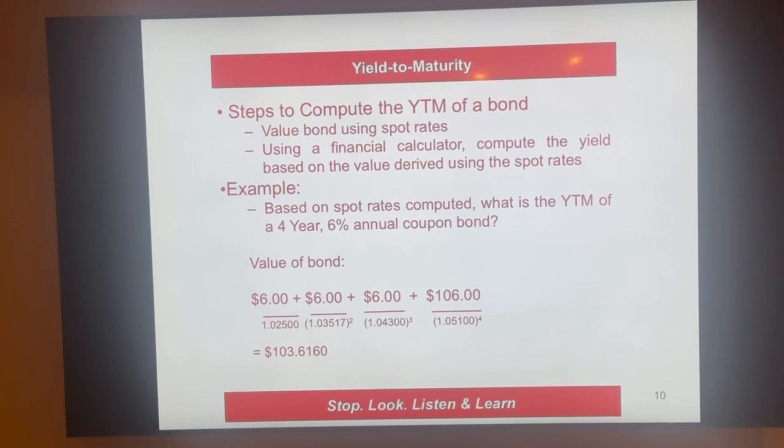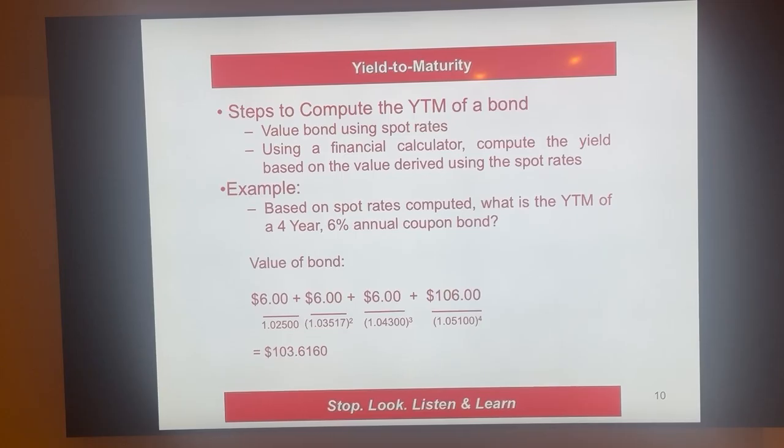So let's say we have a 4-year, 6% annual coupon bond, and we want to determine what the yield to maturity is on that bond based on the spot rates that we just computed. So the first step is going to be to value that bond.